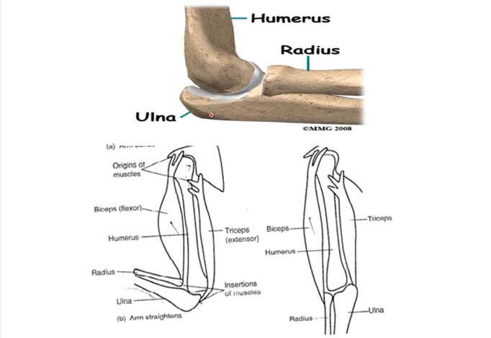As you can see here, the ulna, the radius, the humerus, the movement at the hinge joint, and we have the origin, an immovable bone. Then we have the insertion. Insertion is a bone which is able to move.